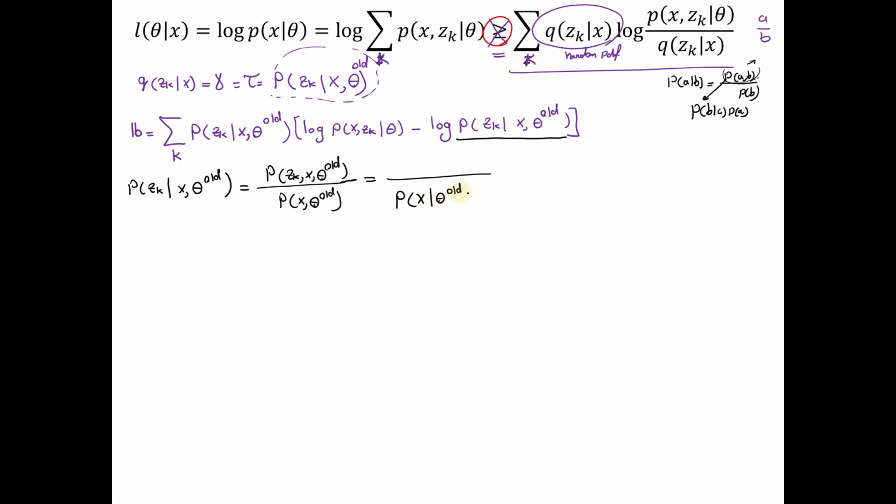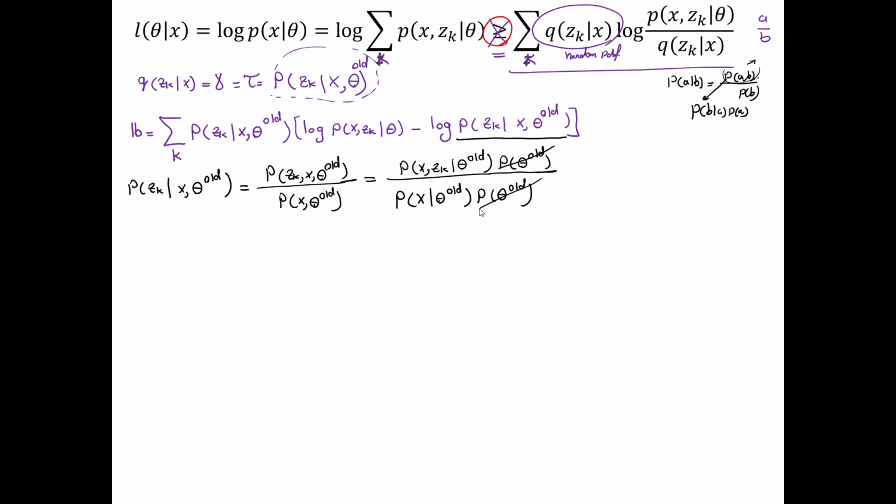There you go. So I want to use this type of zk given theta old multiplied by what? What rule do I use? We also use the product rule. Can I do this? So we did it. Can I cancel out this one with this one? Okay.